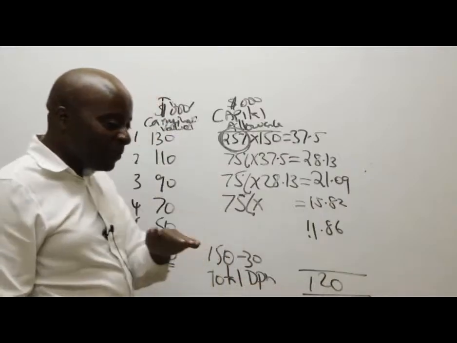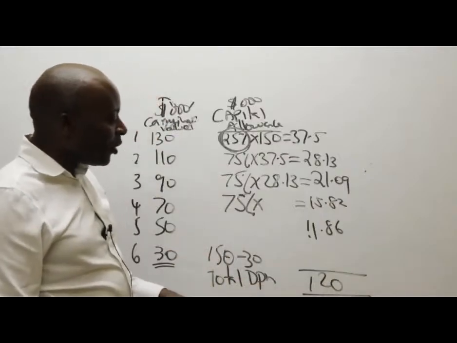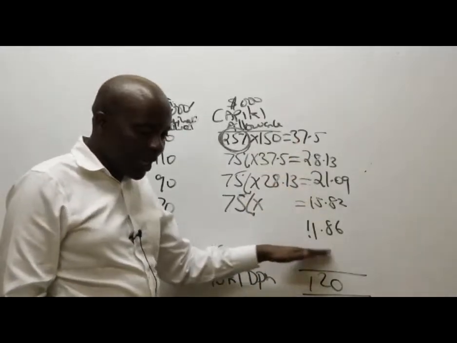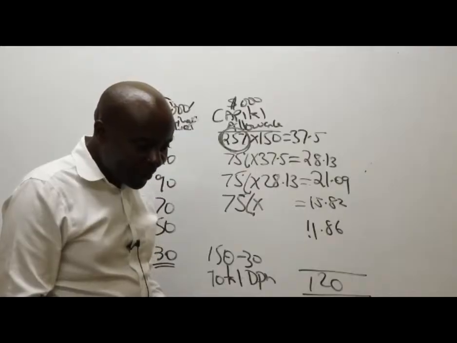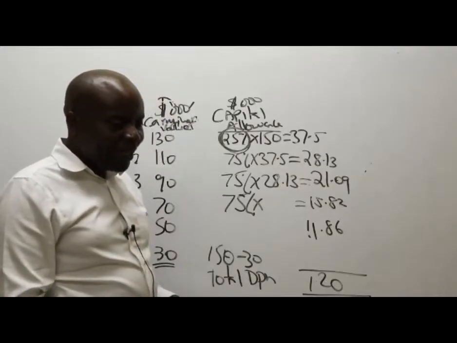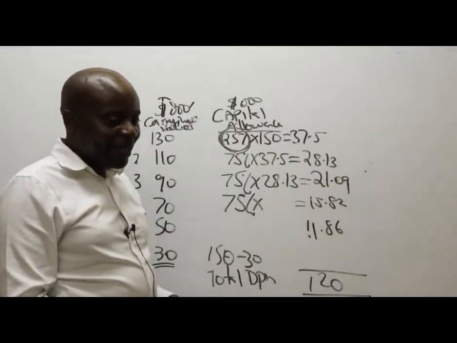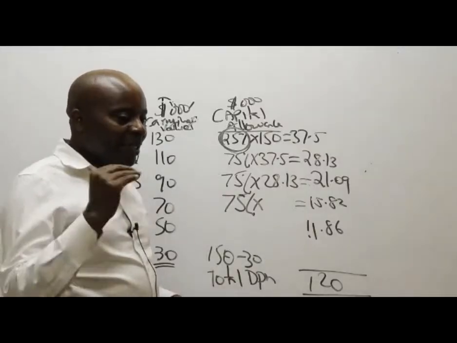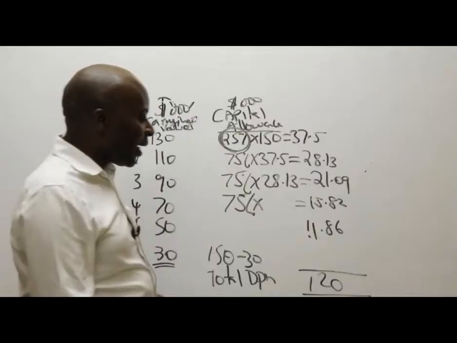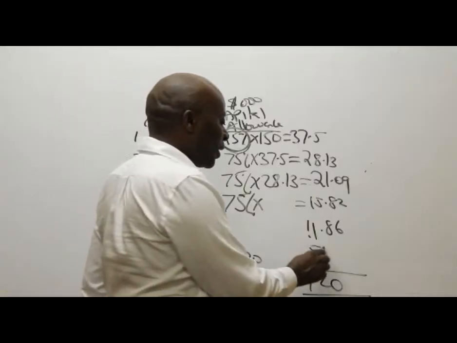Angalia, utakosa concept hapa. So 120 minus this, minus this, minus this, minus this, minus this will give me what figure? Remember the last year, even if it's a capital allowance, the last year, you must exhaust everything.